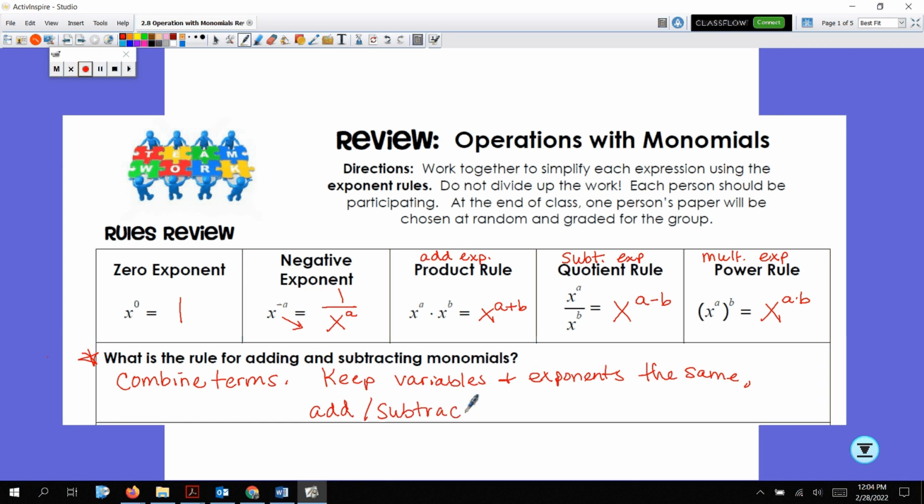Remember, that's the number in front of the variables. If there is no number in front, put a 1 there. All right, we'll do some examples, but you can only add or subtract things that look alike. We have more examples on this paper. Don't worry, we will. We're not going to divide up into groups. We're going to do this with each other.